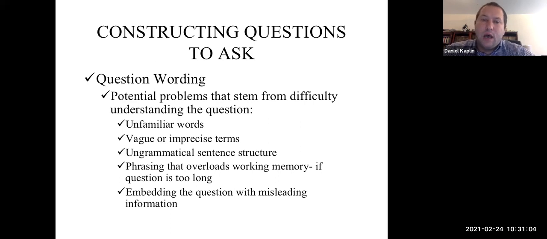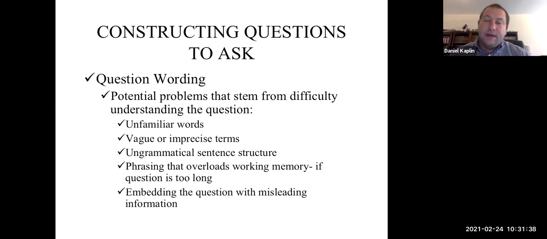So if you use jargon, imprecise terms, if you have grammatical errors or problems in sentence structure, that could result in error in your data. And I'm going to share with you a study I did where I realized that the way the question was phrased was problematic. So I'll talk about that in a minute.